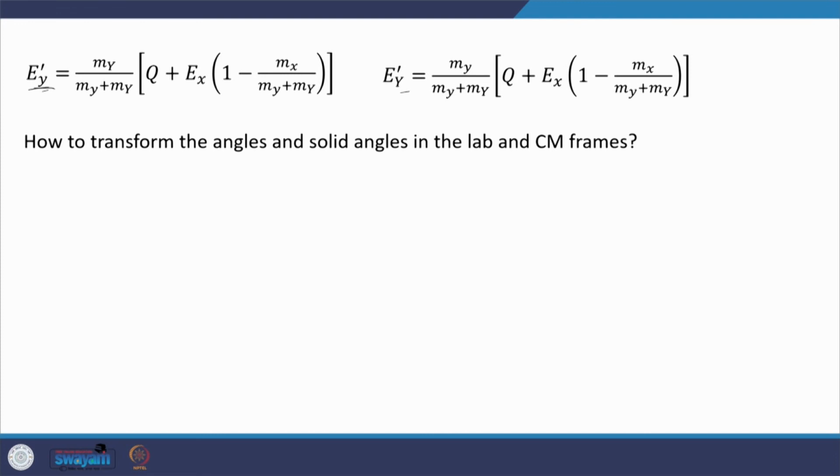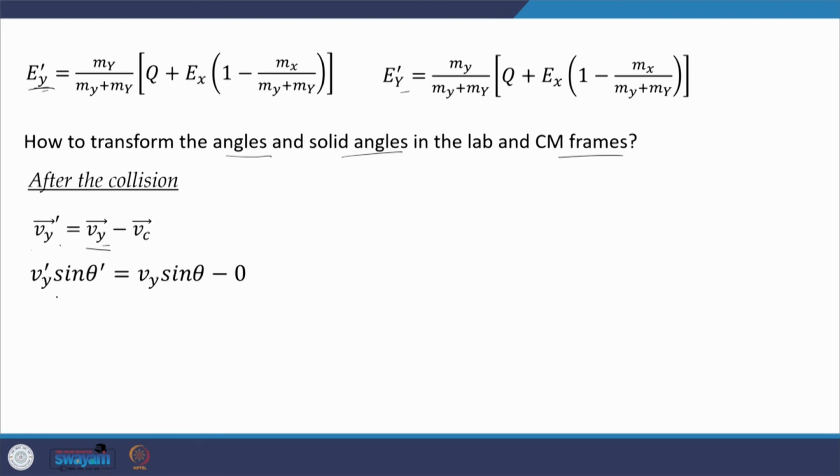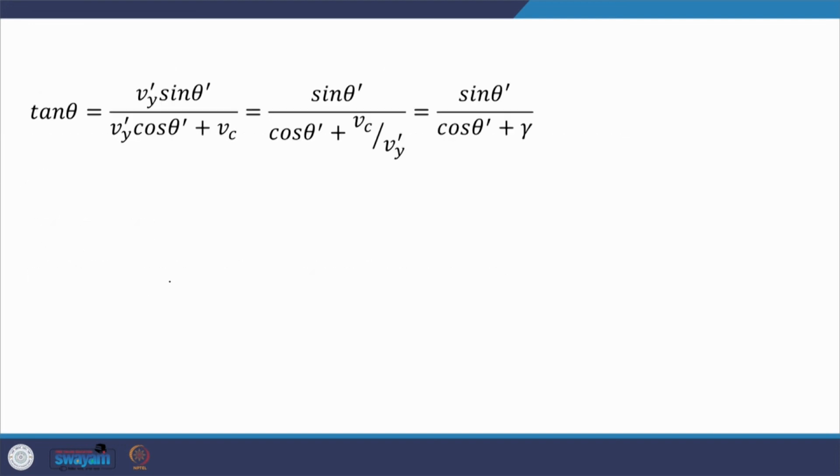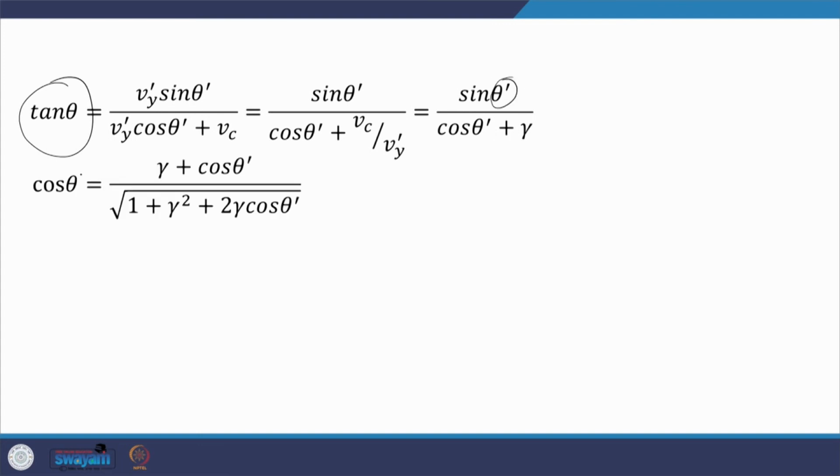And the final thing is how the angles and solid angles can be related in the lab and CM frames. After the collision, the velocity of the ejectile is related by Vy minus Vc, which I have written earlier. If you take the components, it is 0, cos theta prime and sin theta prime, and you can write the expressions like this. Using those relations, one can come up with tan theta, which relates to theta prime, and cos theta, which relates in terms of theta prime only.